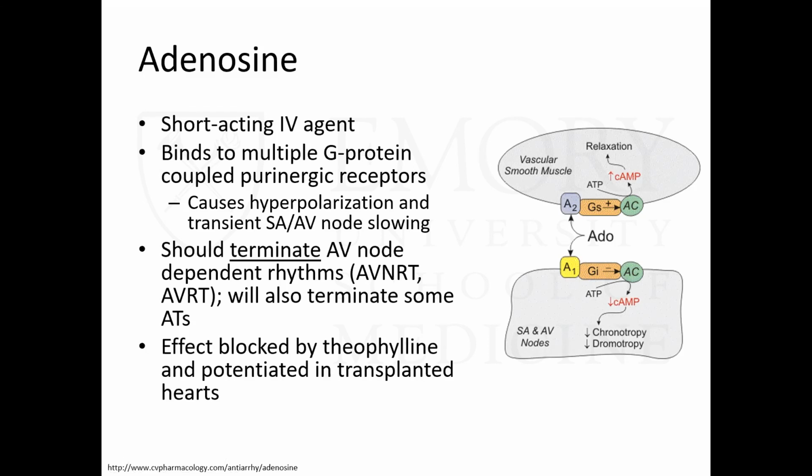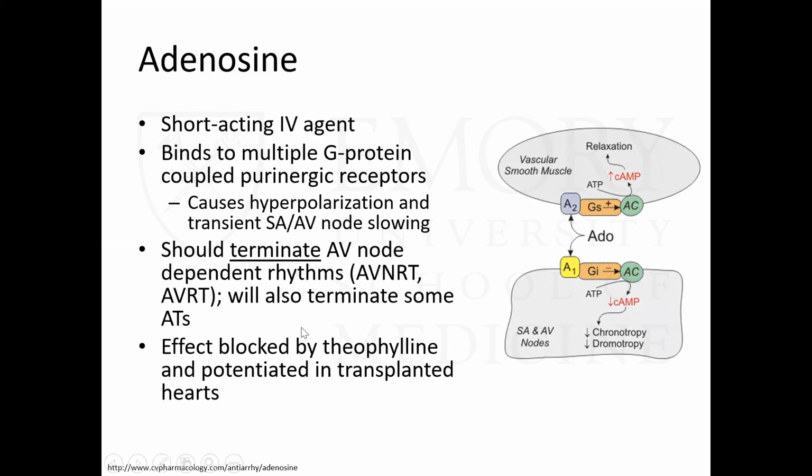Any arrhythmia that is AV node dependent should terminate with adenosine if you give it properly: AVNRT, AVRT. Even some atrial tachycardias, even though they are not AV node dependent, about 30% will actually terminate with adenosine, and we don't really know why that is. So just because a rhythm terminates with adenosine doesn't necessarily mean that it's AV node dependent, but all AV node dependent rhythms should terminate with adenosine.